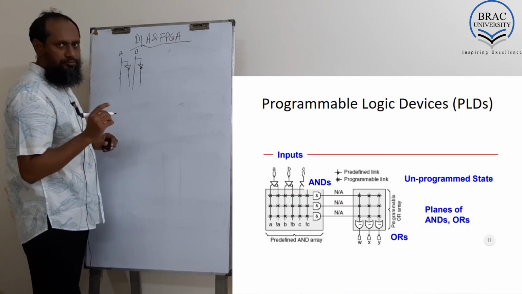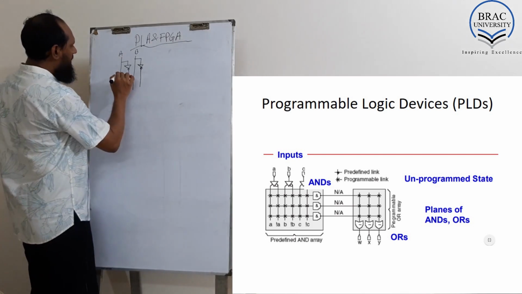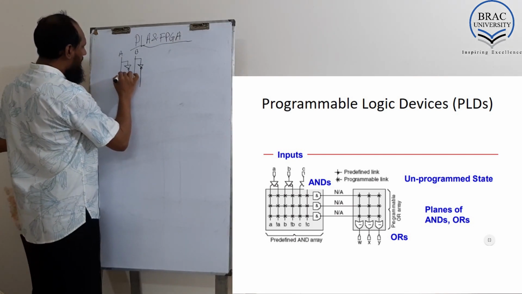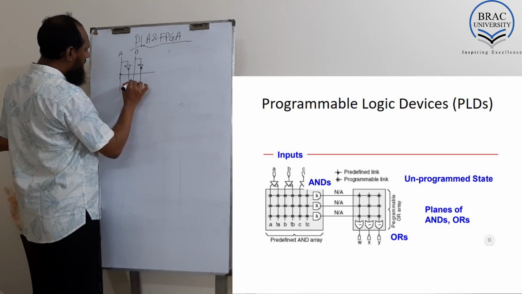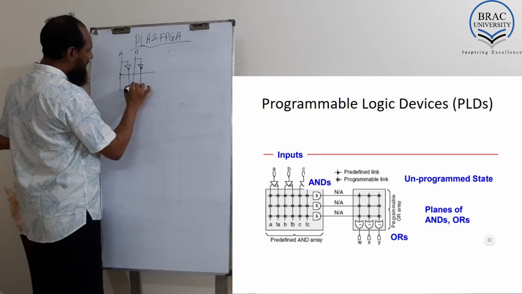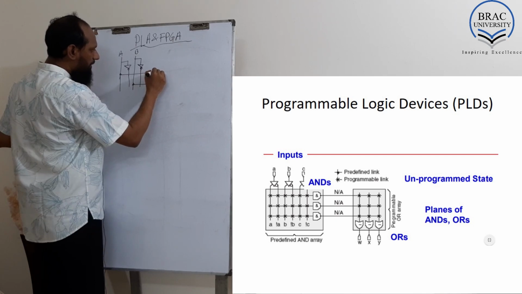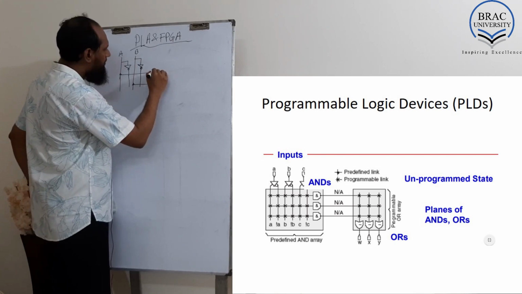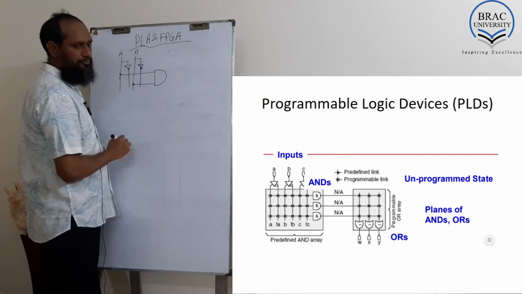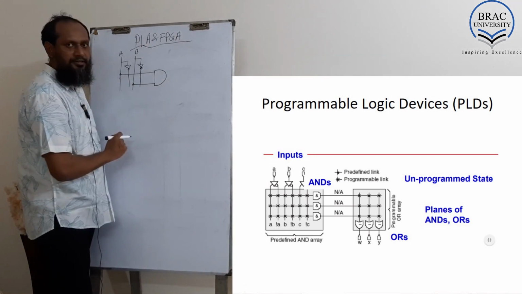Now if I want to make AB, then this one and this one, we can implement an AND gate where these two can be connected.